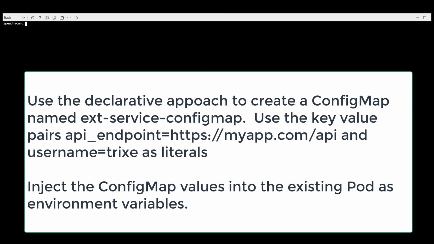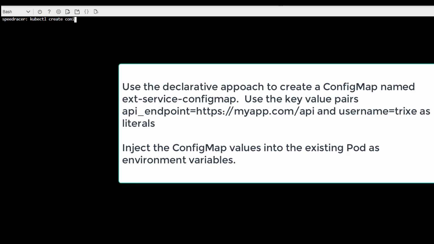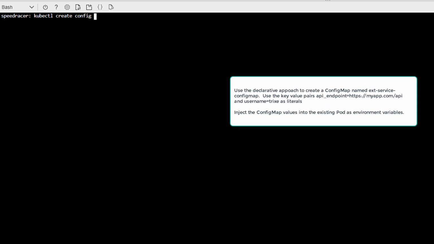All right, the next task, we're going to do config maps. So let's create our config map. And it is ext-service-configmap.